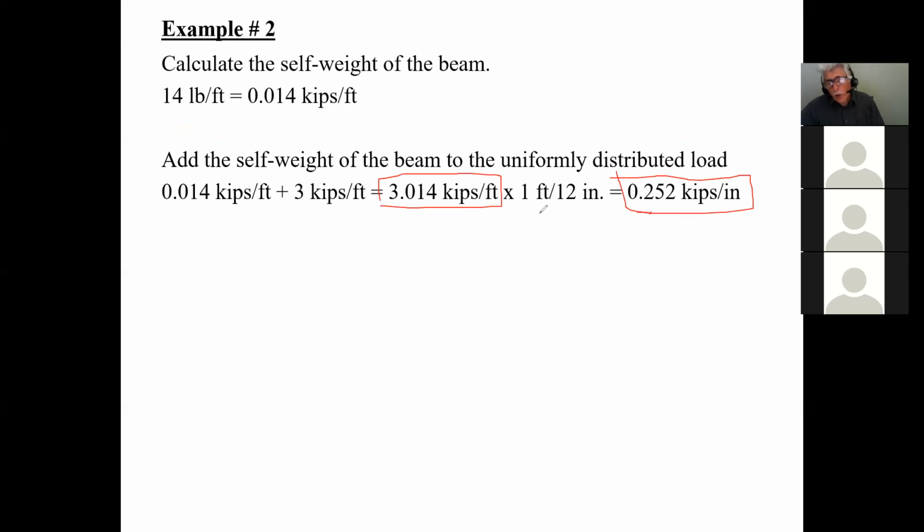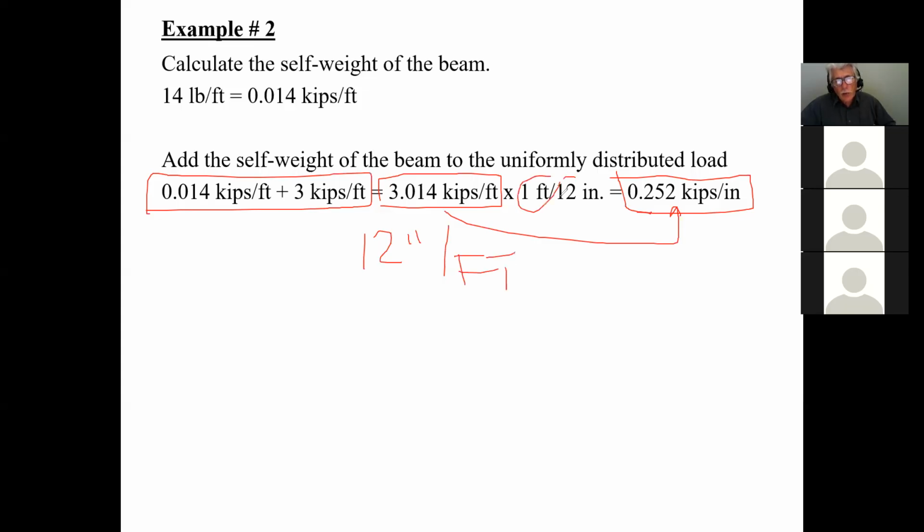Otherwise, you're going to run into a problem when you're doing all your calculations. So I do suggest that once you add your kips per foot, convert it right away to kips per inch. There's 12 inches per foot, so 1 foot has 12 inches, and of course that cancels that. I end up with kips per inch. I simply divide this by 12, and I get my kips per inch.